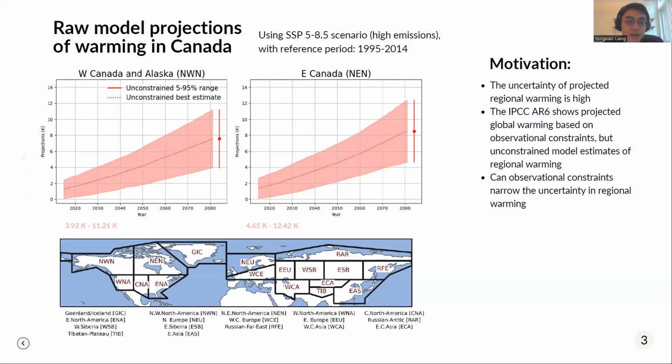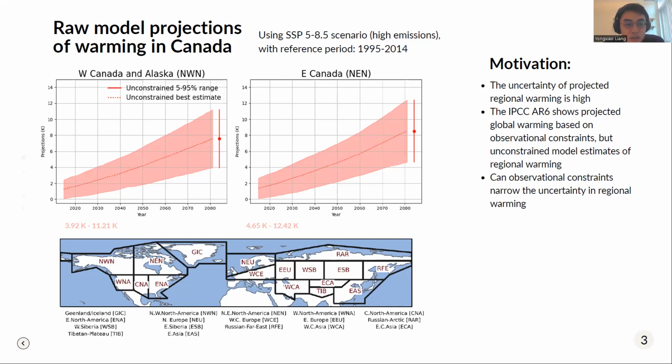The x-axis in the panel plot is the year, the y-axis is the predictions. The red shading is the uncertainty range from the multimodels. The dotted line is the best estimate. The vertical bar shows the uncertainty range of the projections for the last 20 years of the century.